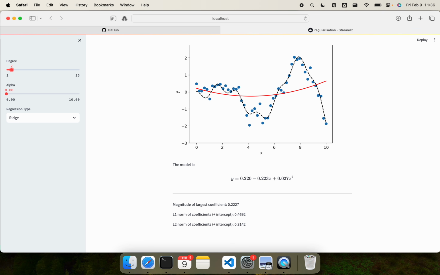Okay, middle column, third row, anyone? Yes, middle of middle. What do you observe as I increase the degree? Okay, so as we are increasing the degree, can you see that the red line is getting closer to the blue points, right?